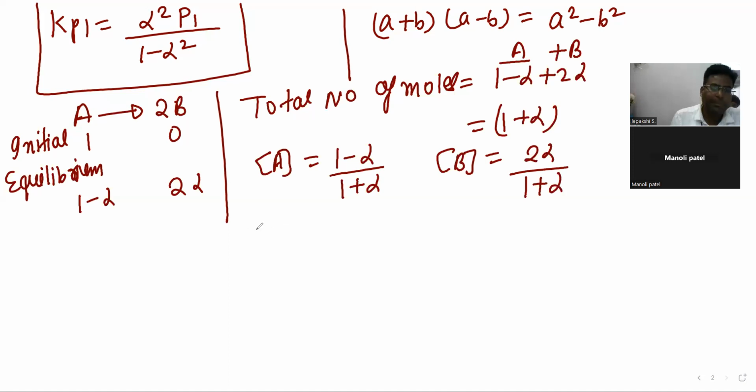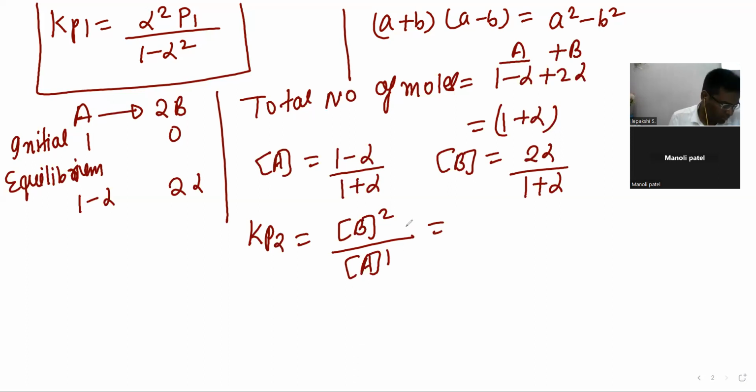Understood? Now write the Kp2, the equilibrium constant at partial pressure 2. It will be concentration of B raised to 2 divided by concentration of A raised to 1. Now put the value in the pressure form. So it will become P2 square divided by P1, because its coefficient is 1.